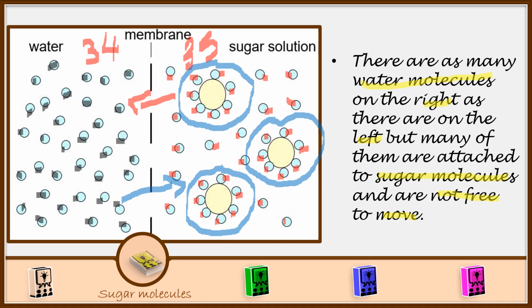So that means that on this side now, the free water molecules are very few compared to this side. Therefore, water will move from this side to the other side until the free water molecules can balance on both sides. That is when we shall reach an equilibrium.